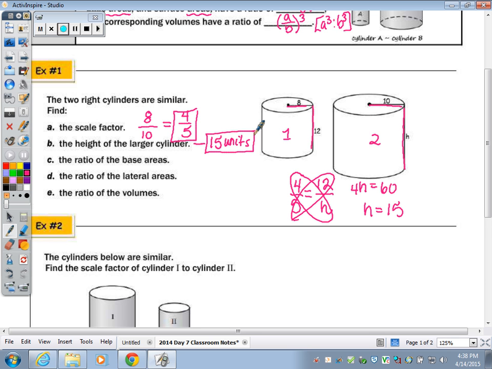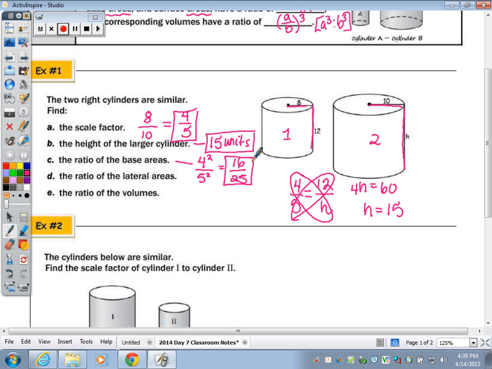Moving down to part C, I now need to find the ratio of the base areas. And we just wrote above that the ratio of any corresponding areas is equal to the scale factor squared. So part C is going to be 4 squared to 5 squared, which is 16 to 25.